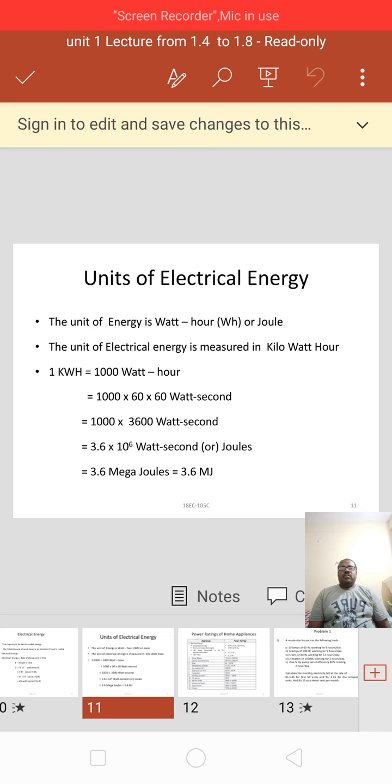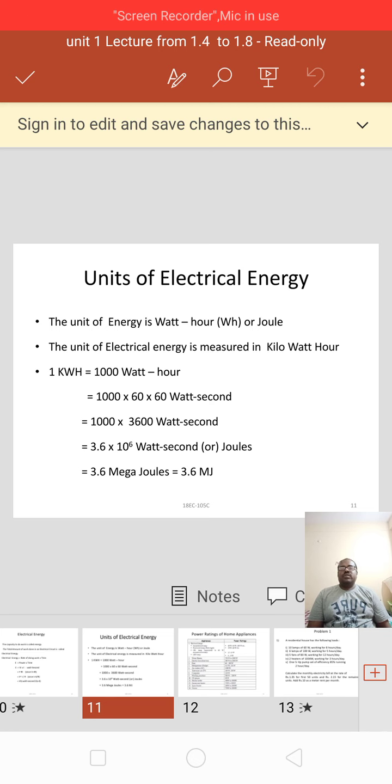There are three units of electric energy, that is watt second, watt hour and joule. The unit of electric energy is measured in kilowatt hour also. That is 1 kilowatt hour equals 1000 watt hour.